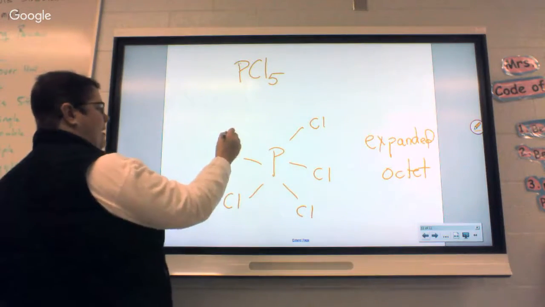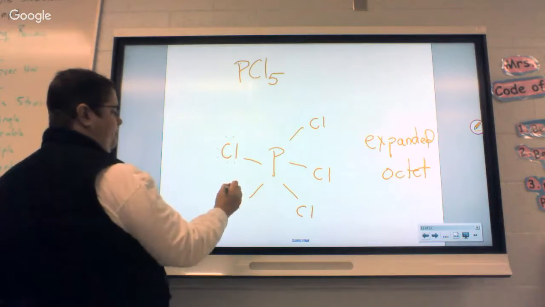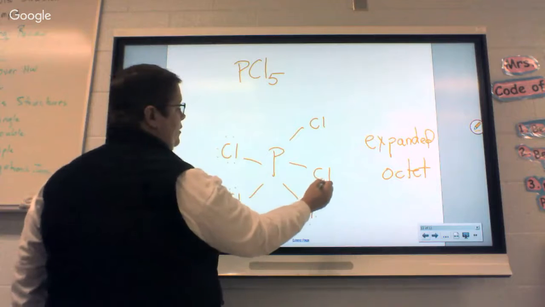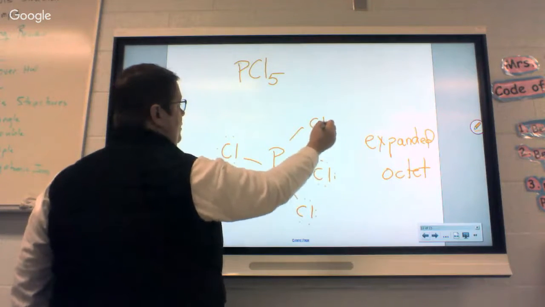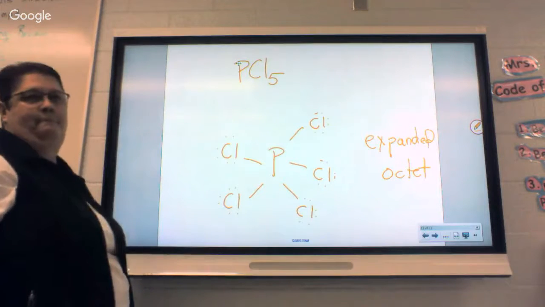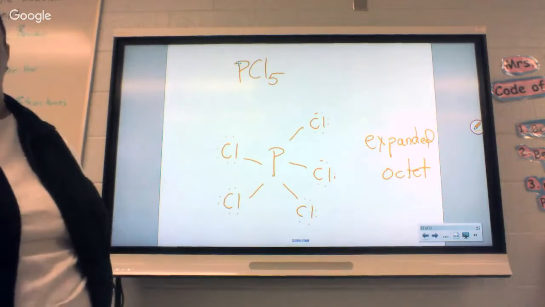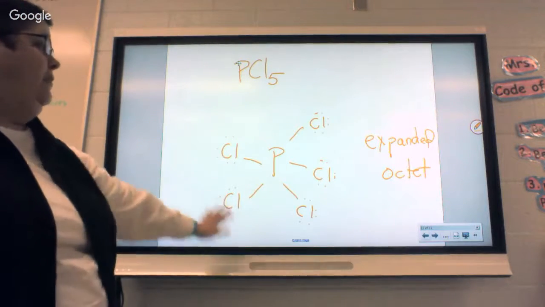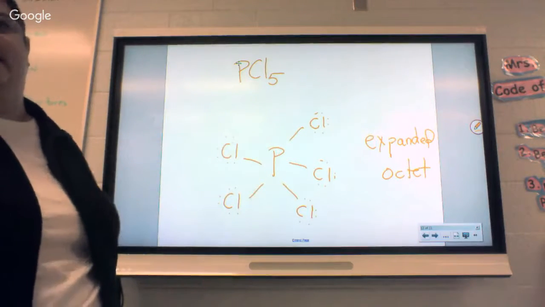You have more than 8 on the central atom. This actually has 40 electrons in it. You can even have up to 6, because we're going to do one with 5 and one with 6.